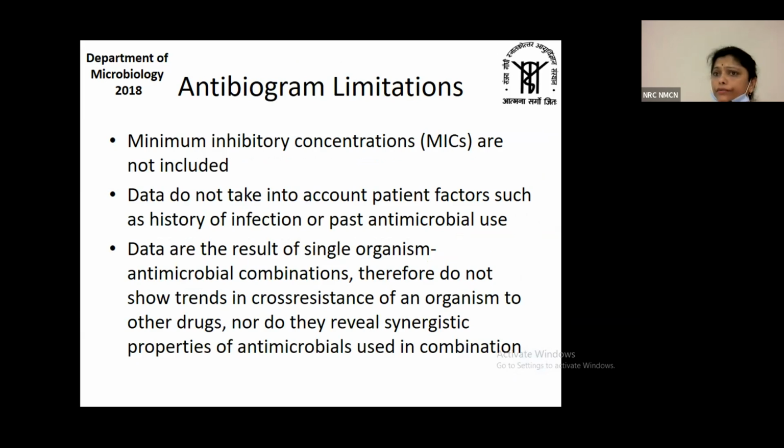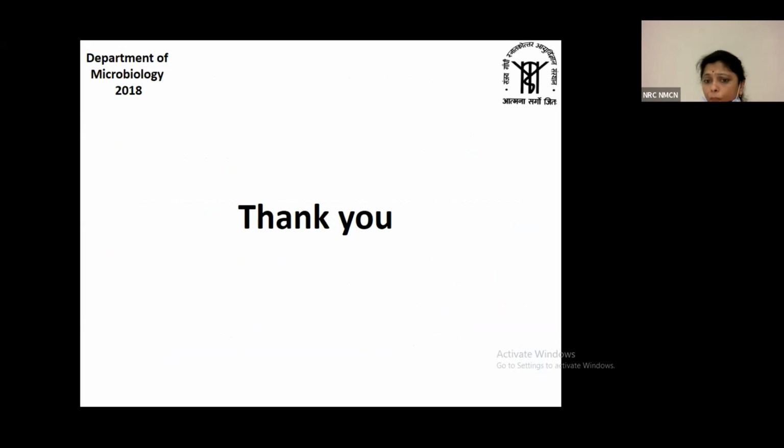They are cumulative. In the first slide I told you they are cumulative and periodic. Then they do not take into account patient factors such as history of infection or past antibiotic use. Then the results of single organism antimicrobial combinations do not show trends in cross resistance or synergistic properties of antimicrobials that are used in combination.